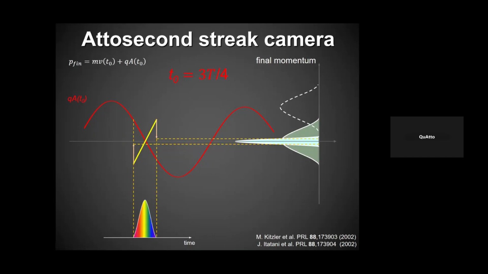Then we change the delay between the isolated attosecond pulse and the vector potential. For example, let's consider the case where the ionization takes place at the zero crossing of the vector potential. Okay? So now the first part of the pulse will create photoelectrons with, let's say, low momentum, because we have the red component of the XUV spectrum, but these red components will receive an upkick because the vector potential is positive.